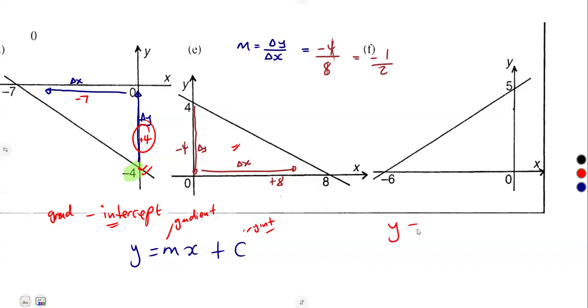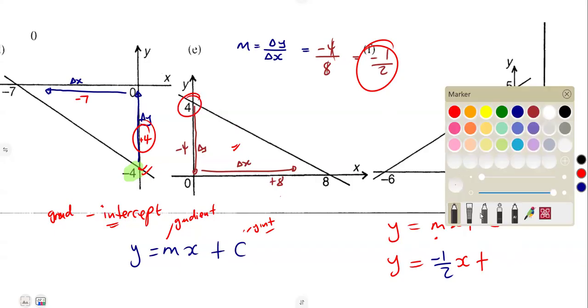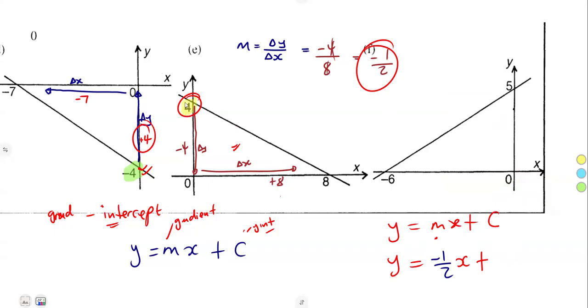So that is it. Y is equal to mx plus c. Y is equal to m, our gradient, -1 over 2, so that's -1 over 2x plus the y-intercept. This graph crosses the y-axis at positive 4.